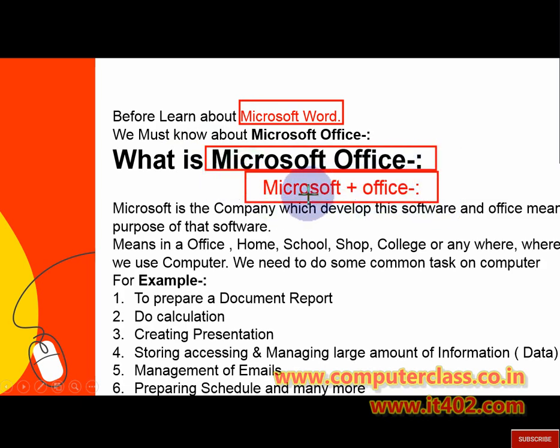The first represents the company name, and the second represents the work of the software, meaning the purpose for which Microsoft developed it. In an office, a school, or anywhere we use a computer, we need to do some tasks: documentation, calculation, presentation, managing large amounts of data, managing emails, and scheduling.